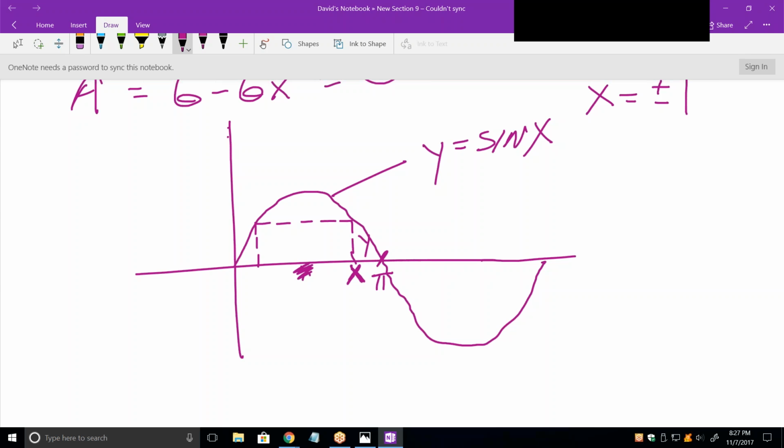So I would have pi minus x is this dimension. And since it's symmetrical, that would also be pi minus x.